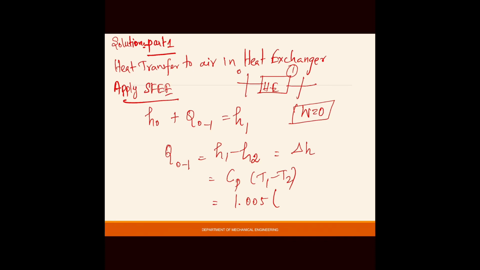T1 is 750 plus 273, minus 27 plus 273. So the final answer for heat transfer Q01 was 726.615 kilojoules. This is the answer for the first unknown.